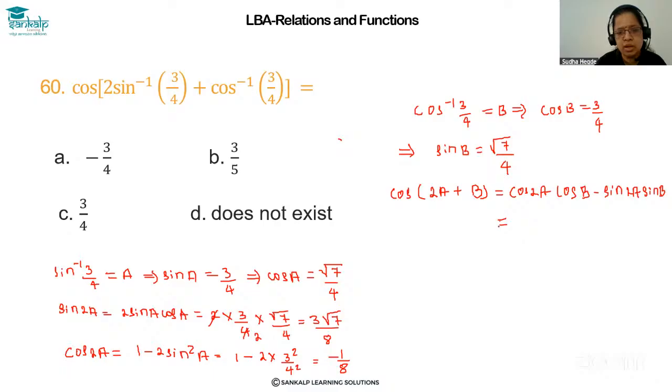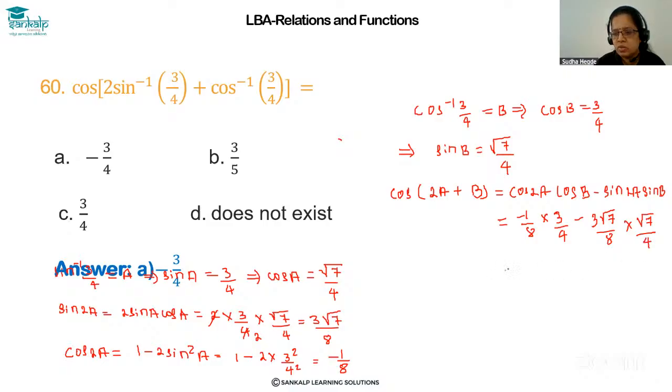What is cos 2A? Cos 2A is minus 1 by 8. What is cos B? It is 3 by 4. Minus, what is sin 2A? Sin 2A is 3 root 7 divided by 8 into sin B. Sin B is root 7 by 4.